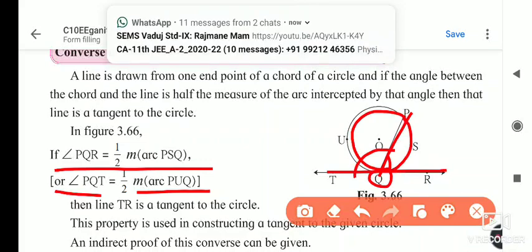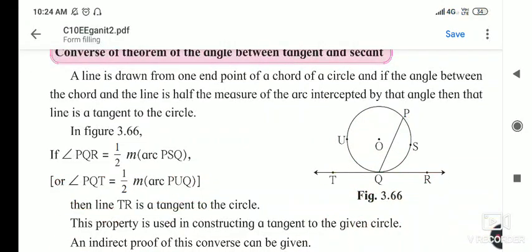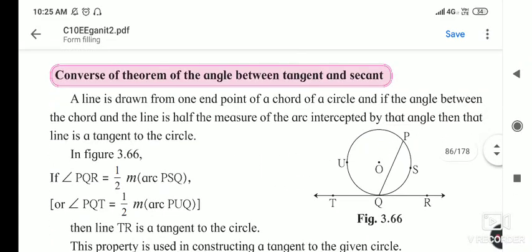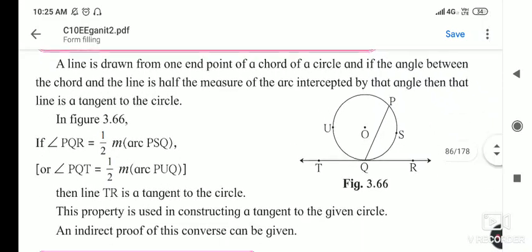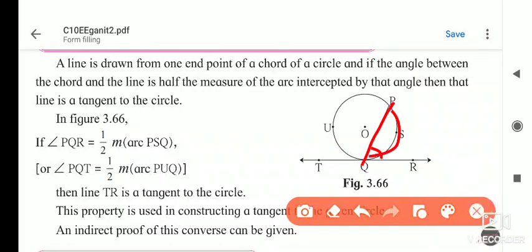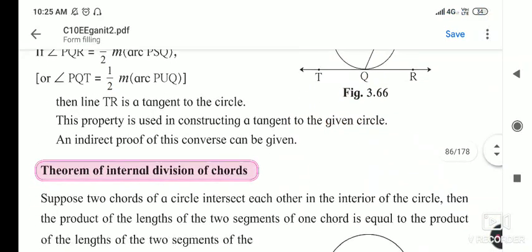That is the converse of the theorem of the angle between the tangent and secant. Keep in mind that if PQR is half of PSQ and PQT is half of PUQ, then TR is a tangent of the circle. That is the converse.